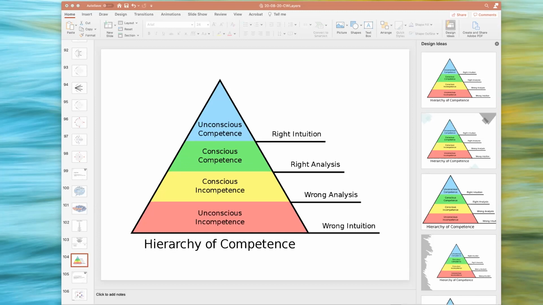There's the dichotomy of analysis versus intuition, particularly in the business world. You know, analysis versus intuition, right brain, left brain, different. And there is the sense of, as you move up the hierarchy toward the top, so there's the right thing to do, there's the better thing to do, all of that.